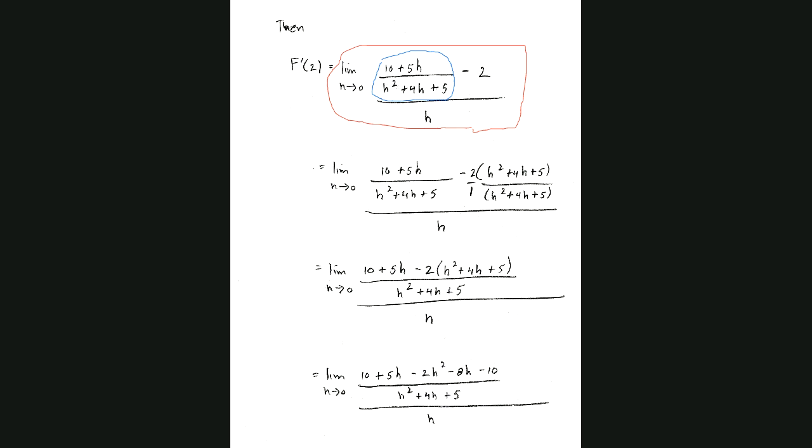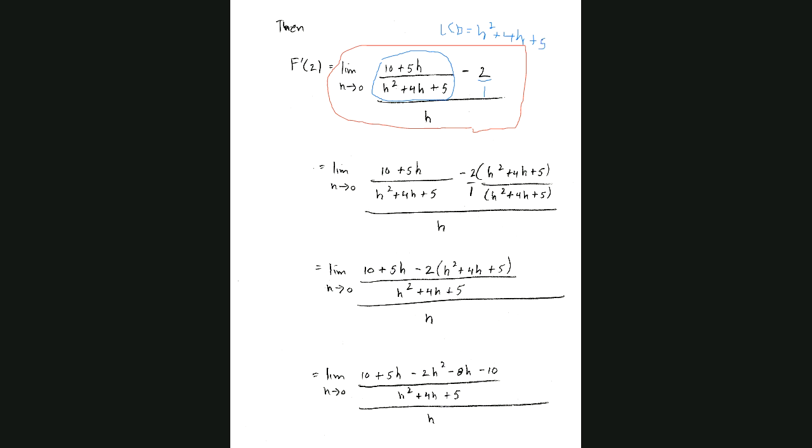That's the best we're going to do. And remember, the 2 on the right is 2 over 1. So the least common denominator, the LCD, is going to be h squared plus 4h plus 5.